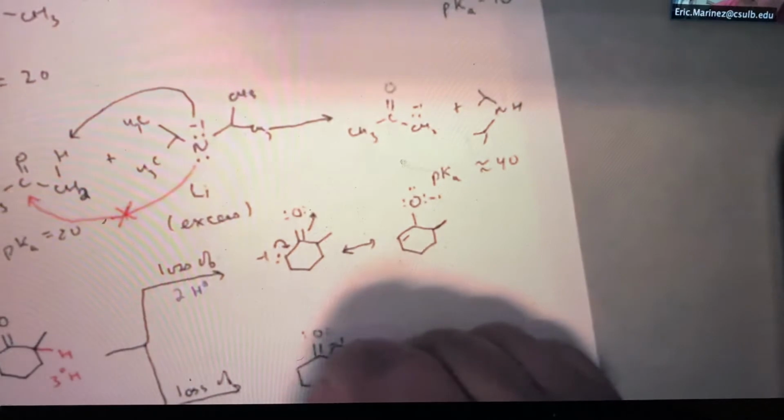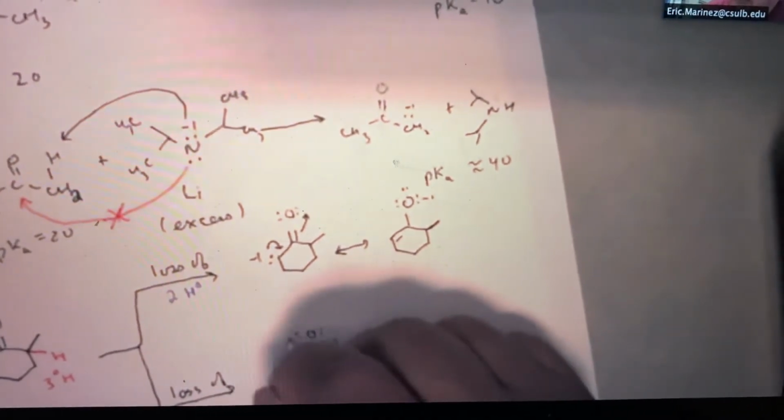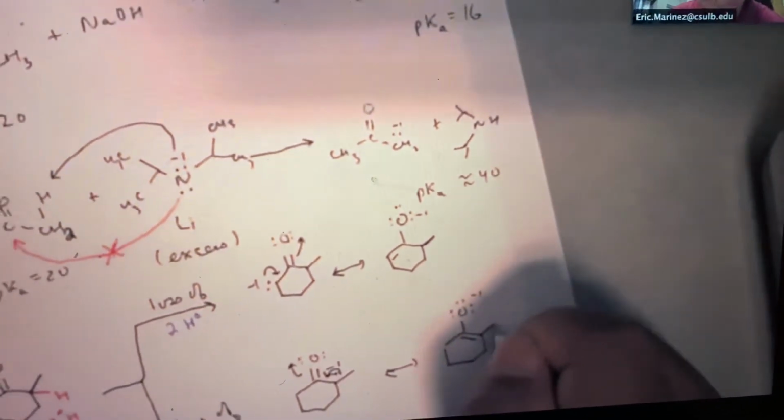And again, I'm going to show the resonance form of this. So I'm going to push my arrow here and here. And now I have the enolate where the negative charge is on the oxygen. Okay?